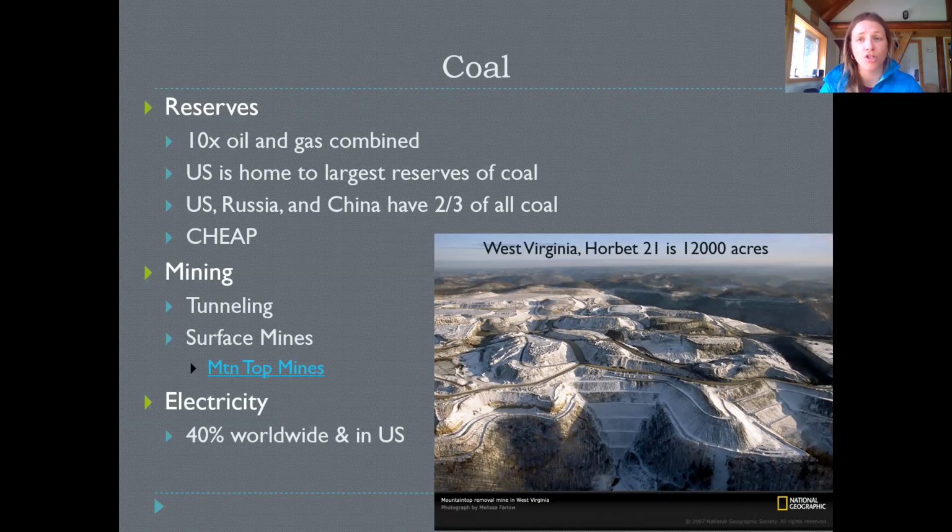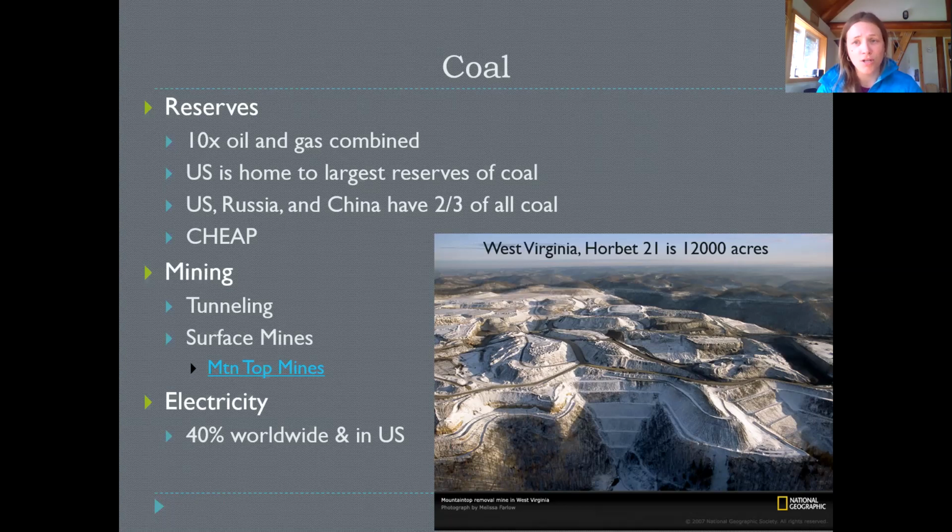Of course, US, Russia, and China are big countries. They cover a lot of area, but those 3 countries have about 2/3 of all the coal that we know of on our whole planet. So those 3 countries are involved in a lot of the coal mining and production. And coal is cheap. It's cheap compared to the other fossil fuel types and other energy producing types.